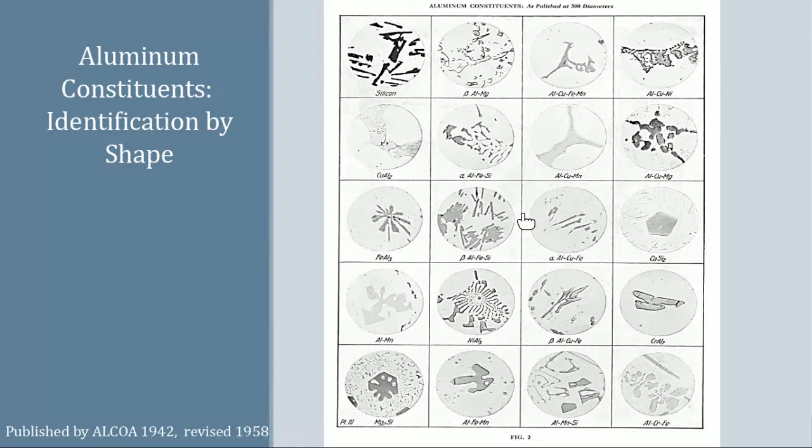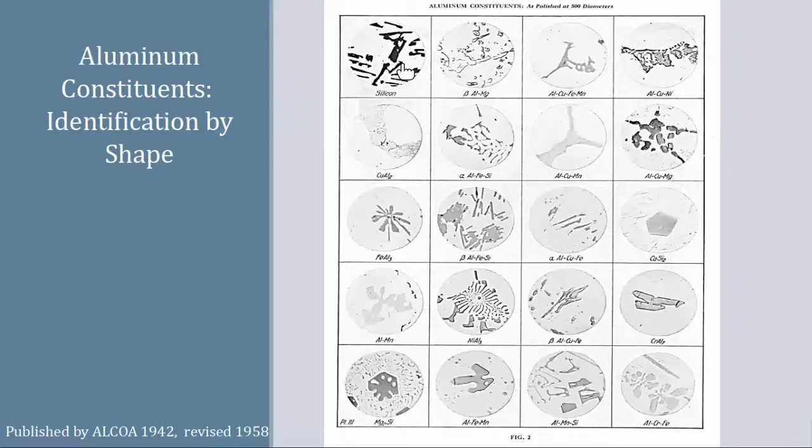Here's a calcium. So if you're using calcium to modify your structure, then it will react with silicon and it'll give you these pentagon-looking shaped microconstituents.